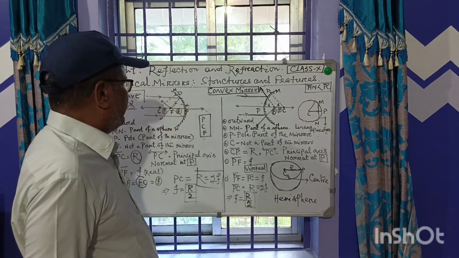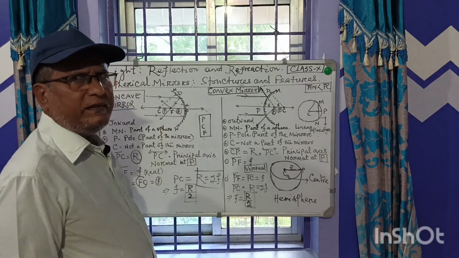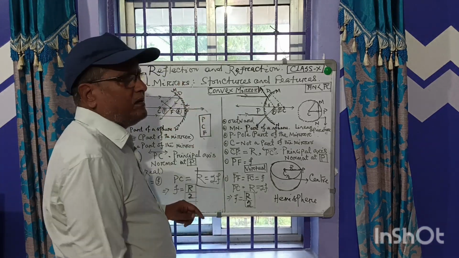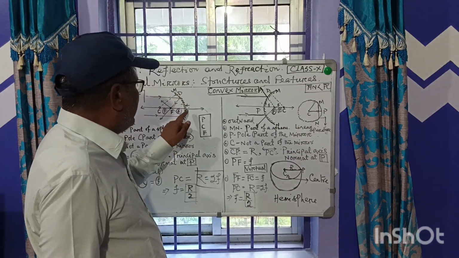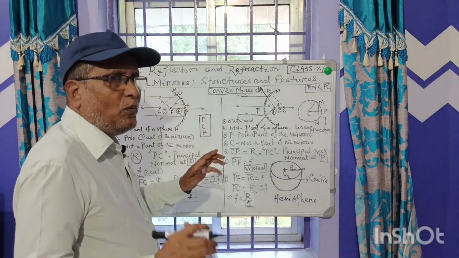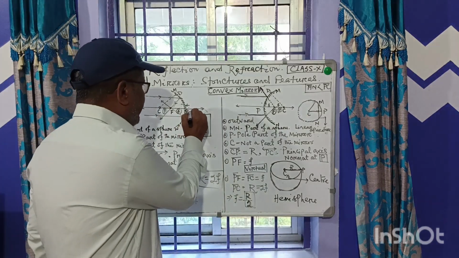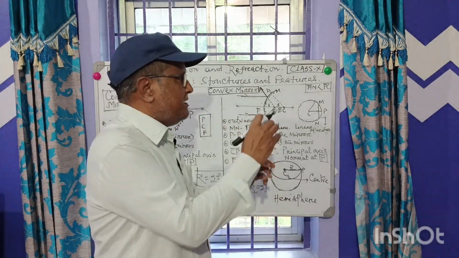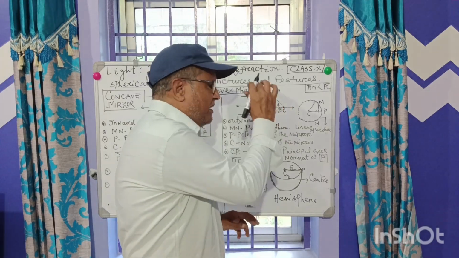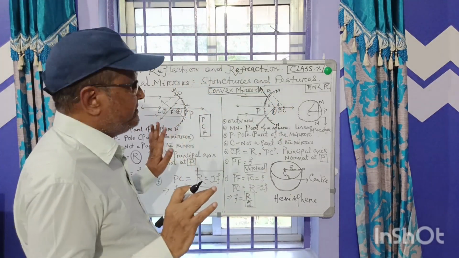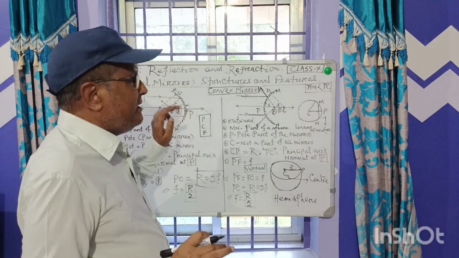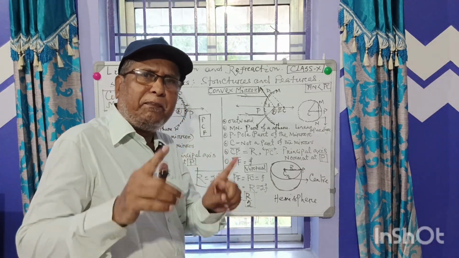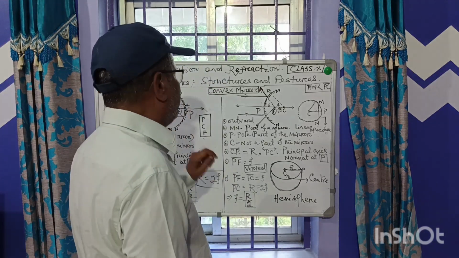The point P is the midpoint of the mirror MN, and it is called the pole of the mirror. Here P is the midpoint of the MN curved surface. So P is a point that lies in the mirror. So P is a part of the mirror.